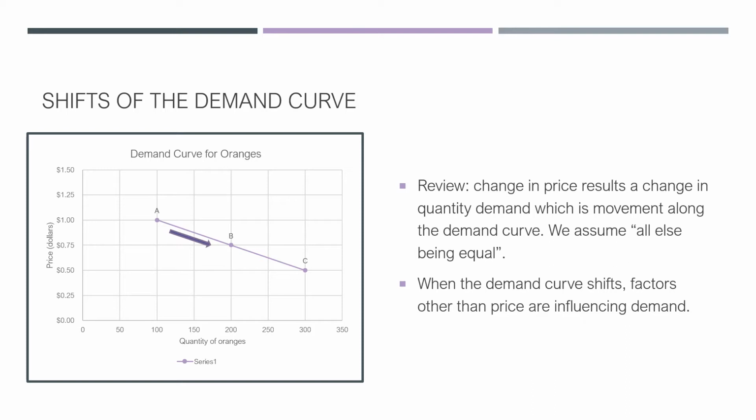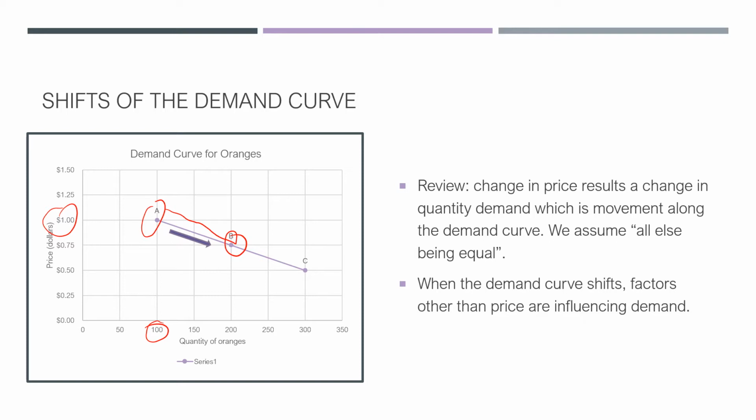In our previous lesson, we explained that a change in the price of a good causes a movement along the demand curve for that good. Consider the movement from point A to point B in the graph, which shows that for $1, consumers would buy 100 oranges.